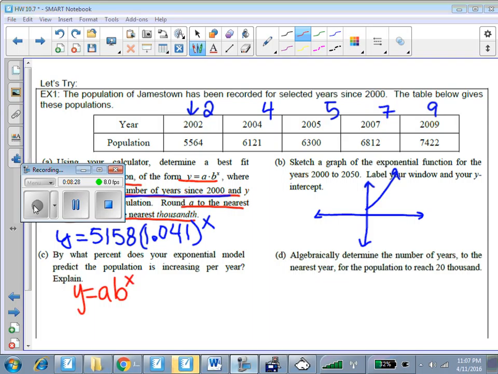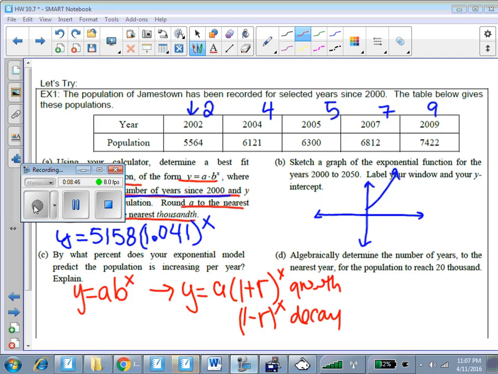If it's exponential growth or exponential decay, then the way we write our equation is we have some number here, but then we have 1 plus the rate or 1 minus the rate, if it's growth or if it's decay.